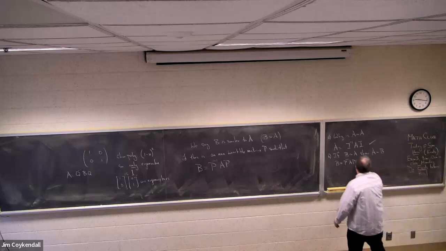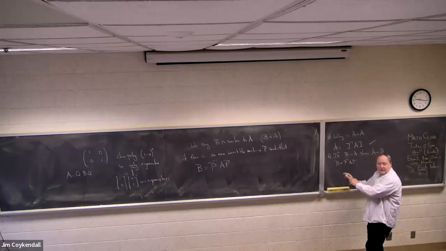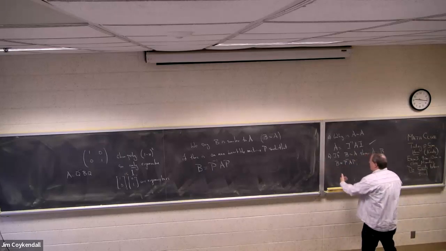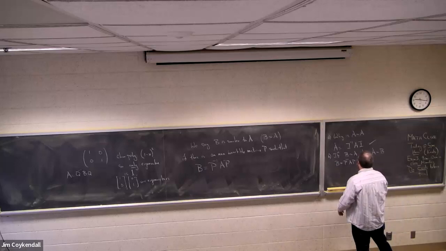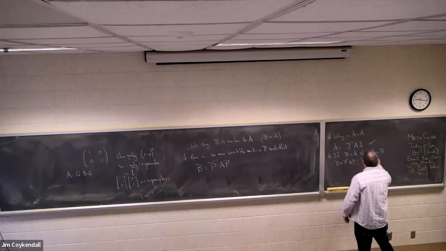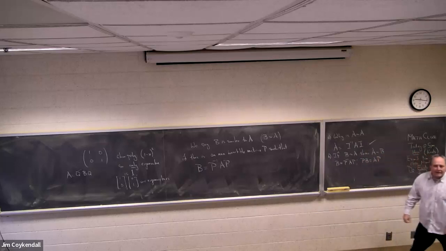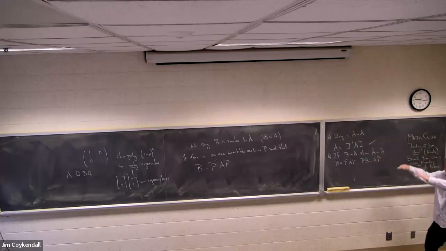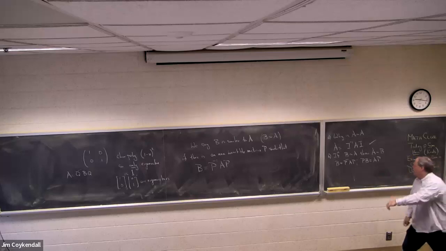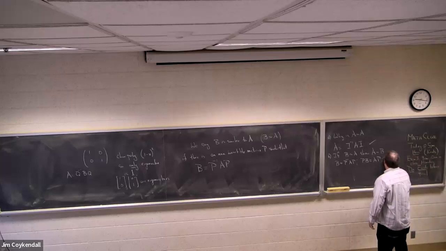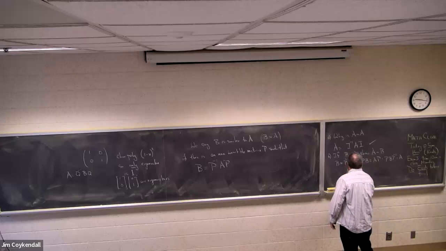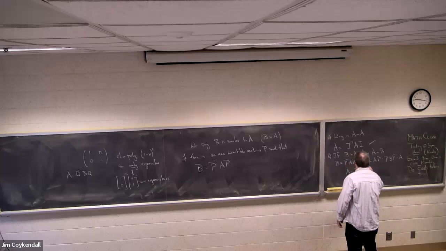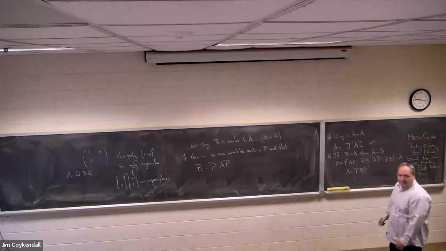Okay, great. So let's just massage this. I've got this right here. Hit this on the left with P. I get that. And now on the right, P inverse. So A is equal to P inverse.